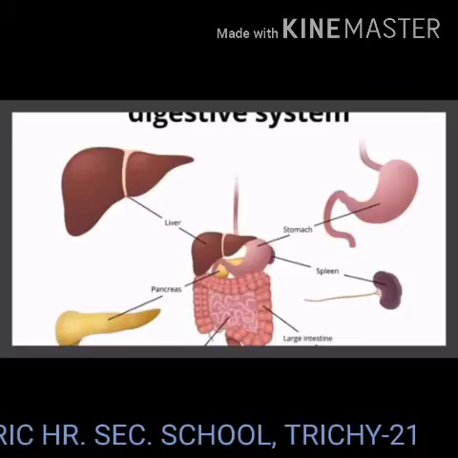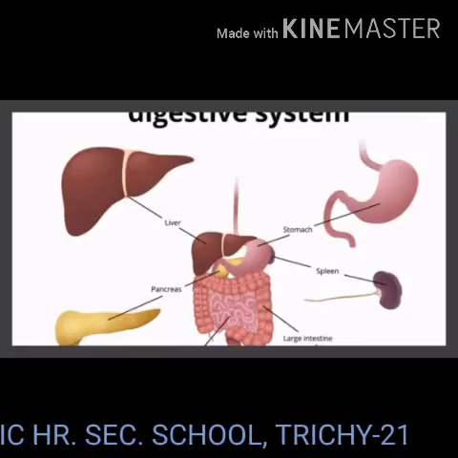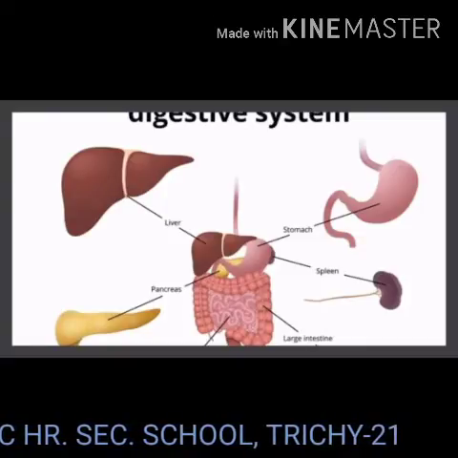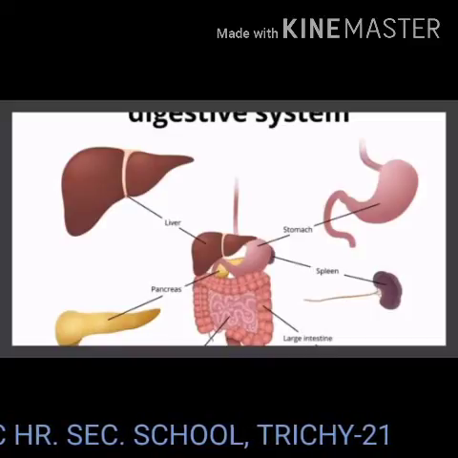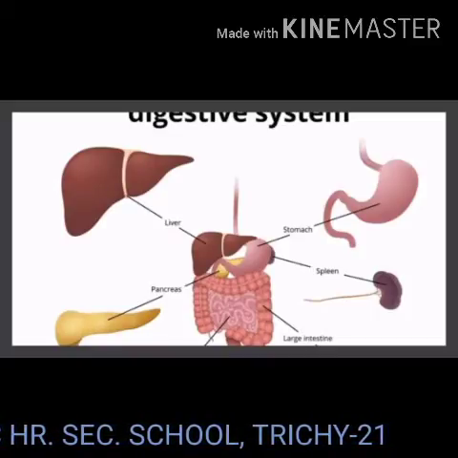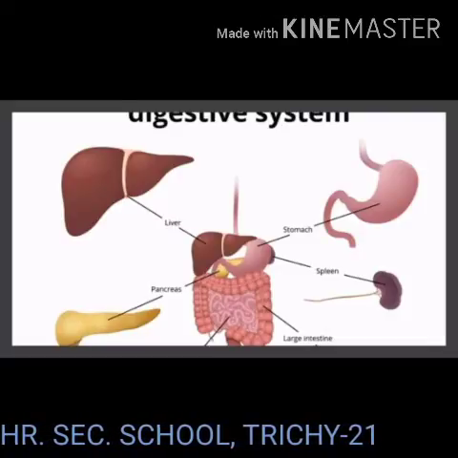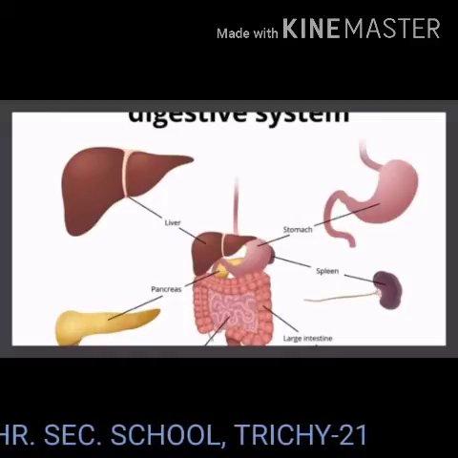Absorption is the process by which nutrients obtained after digestion are absorbed by villi and circulated throughout the body by blood and lymph, and supplied to all body cells according to their requirements. Assimilation of food.